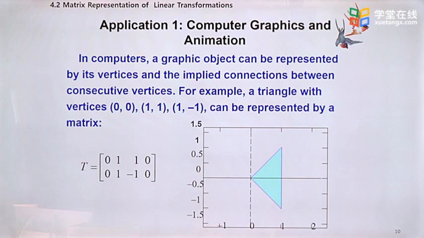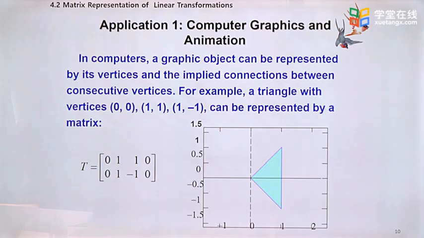At last, we mention some applications in computer graphics and animation. In computers, a graphic object can be represented by its vertices and the implied connections between these consecutive vertices.